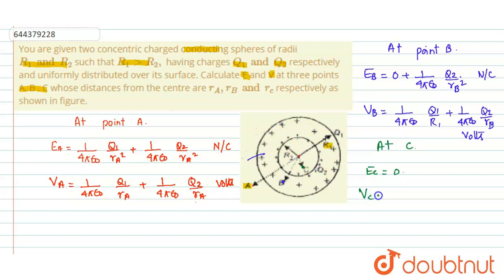So the potential at C will be 1 upon 4 pi epsilon naught Q1 divided by R1. This is the potential due to this sphere at any point inside it. Similarly for the smaller sphere, it will be 1 upon 4 pi epsilon naught Q2 divided by R2 volts. So this will be the final answer.